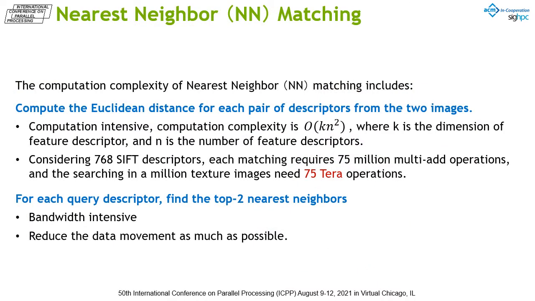The major process of nearest neighbor has two parts. The first is the distance computation, and it is computation intensive. And the second is the top two sorting, which is bandwidth intensive. In the following, we will solve all these problems.